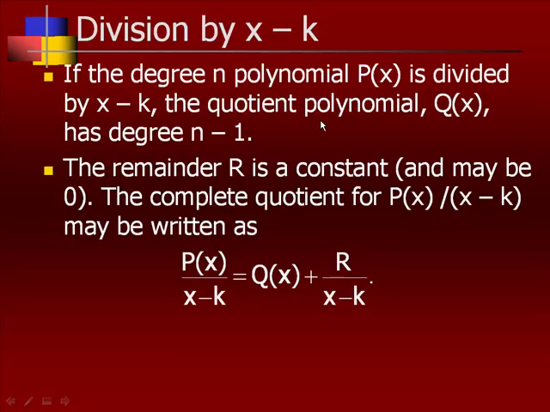The complete quotient for p of x divided by x minus k may be written as q of x plus r over x minus k. What that says is this is the quotient, this is what was on top of the division. If there is a remainder, we put it over the divisor. If there is no remainder, then this term goes out.